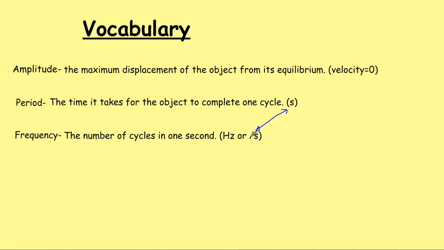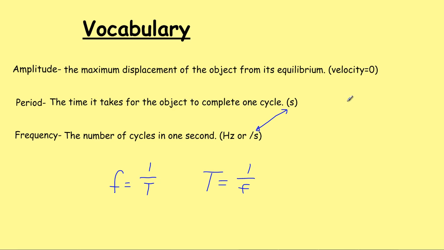And so this is going to be our first equation: the frequency, a lowercase f, equals 1 over the time period. And this goes back and forth, so the time period is going to equal 1 over the frequency.